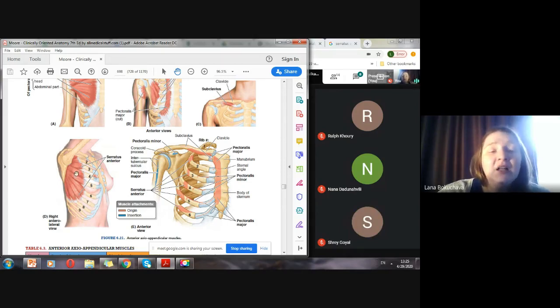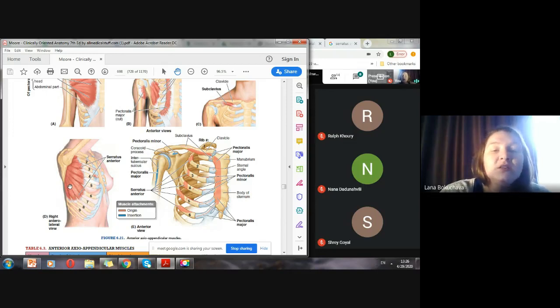As a result, in this case, the serratus anterior muscle will give us the protraction of the scapula, as well as help to hold the scapula against the thoracic wall, so stabilize it also, because you remember that there is no bone-to-bone attachment of the scapula to the actual skeleton directly.